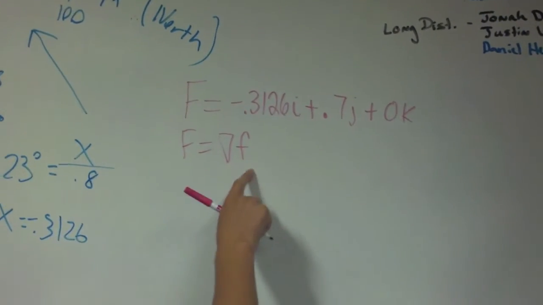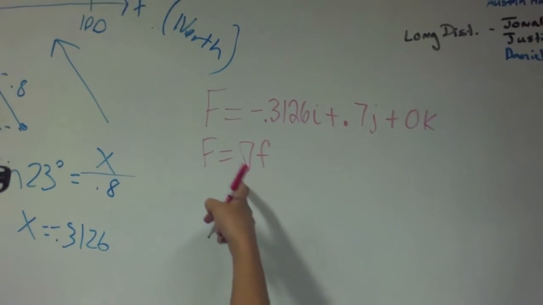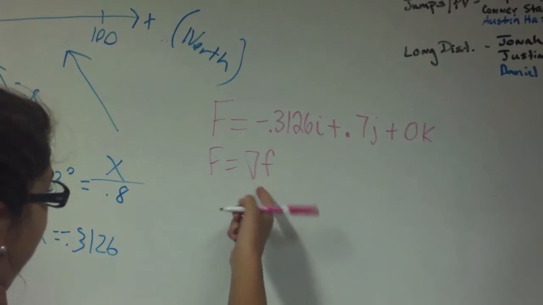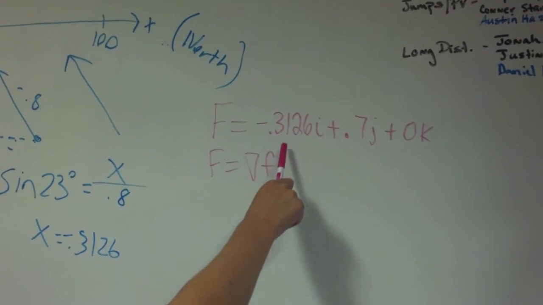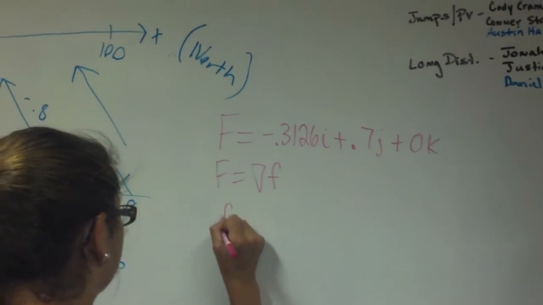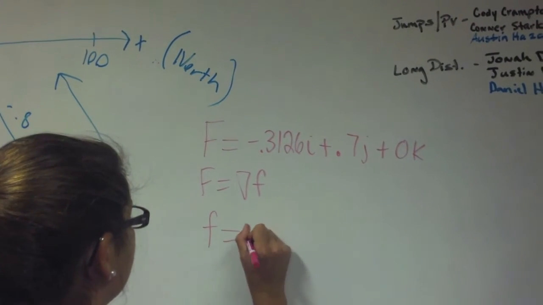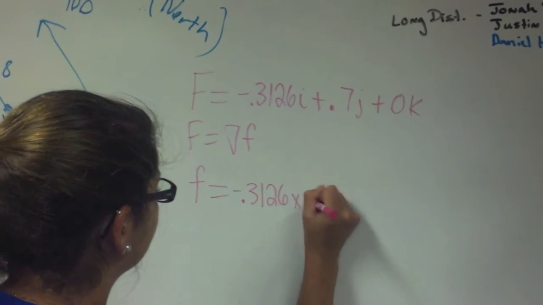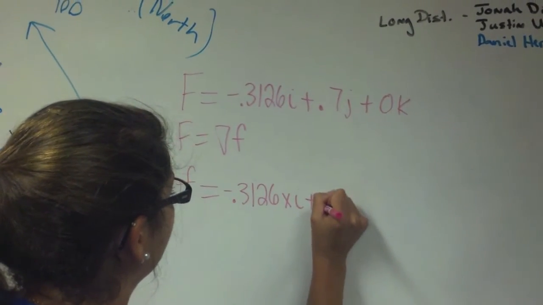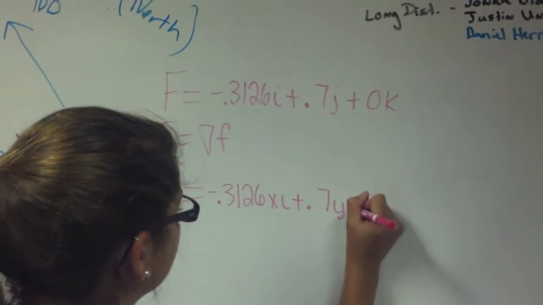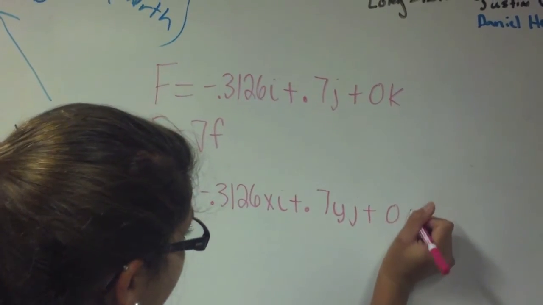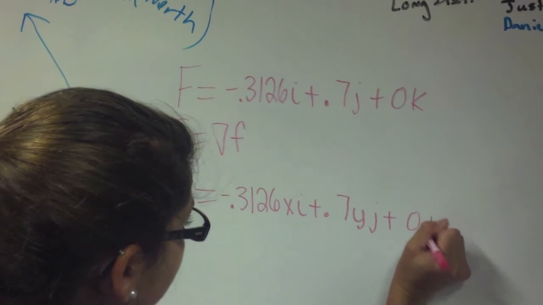To find f, you integrate each part of big F, the gradient of f, with respect to x and then y. So little f equals negative 0.3126 x i, then plus 0.7 y j, and then plus 0, z k.